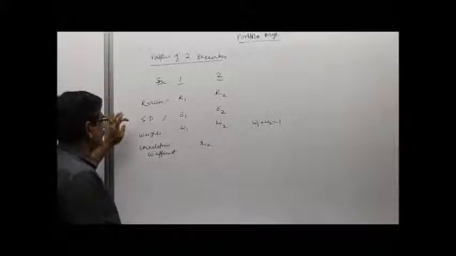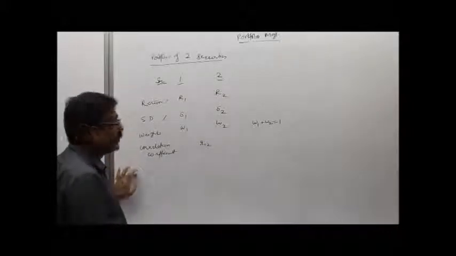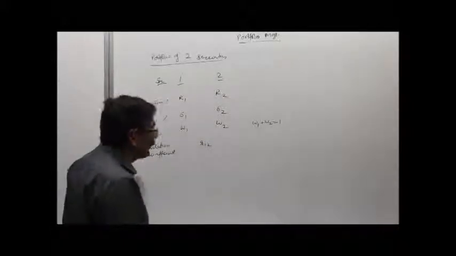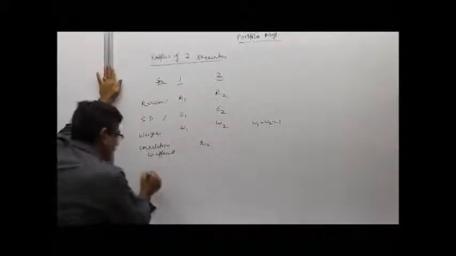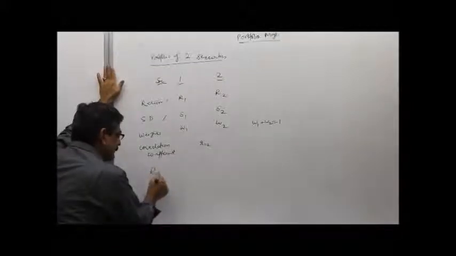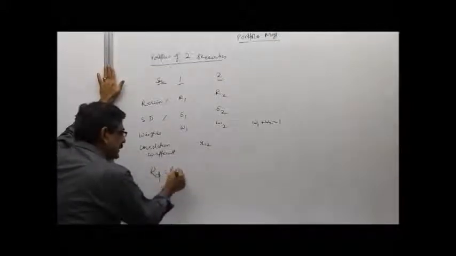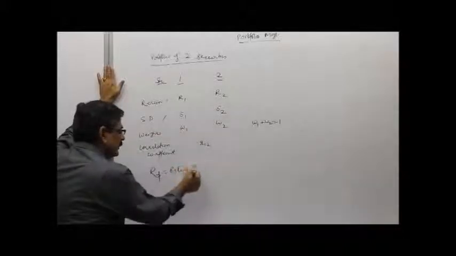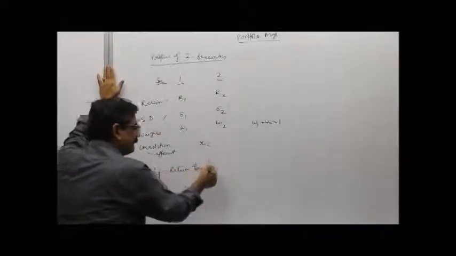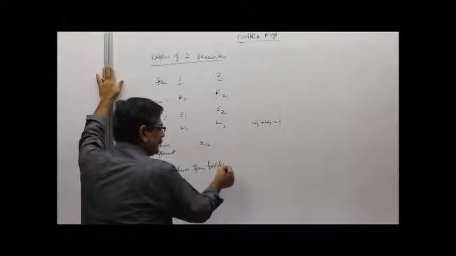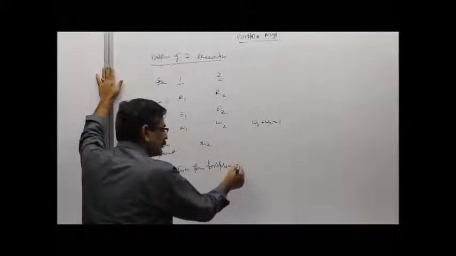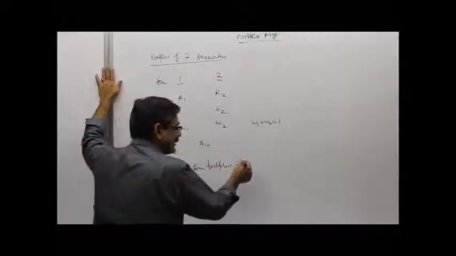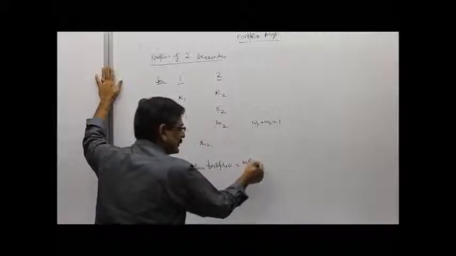So this is return, standard deviation, weights, correlation coefficient. Now what we need to do is to find out RP. RP is nothing else but the return from the portfolio. The return from a portfolio consisting of 2 securities is nothing else but their weighted average.